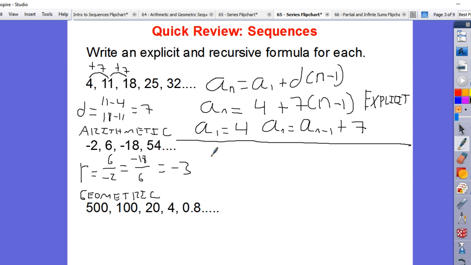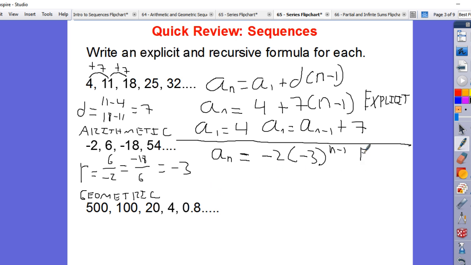Then, let's look at our explicit formula. It's an is equal to a1 times r to the n minus 1. What's a1 here? What's our first term? Negative 2. What's r? Negative 3. Raised to the n minus 1 power. Now recursively, we start out with a1.